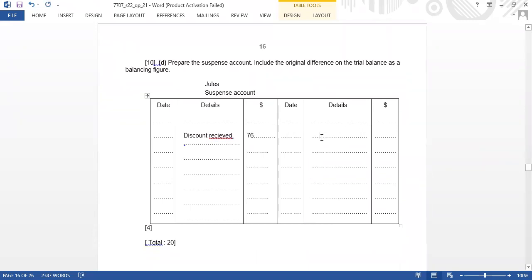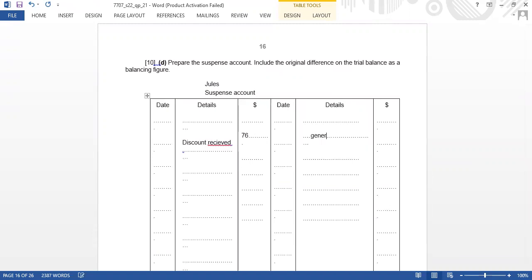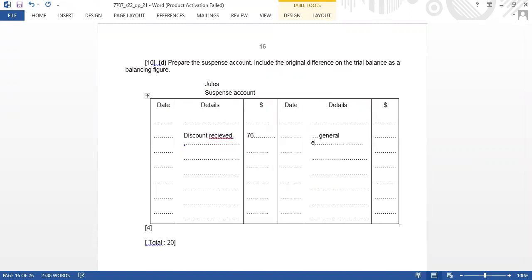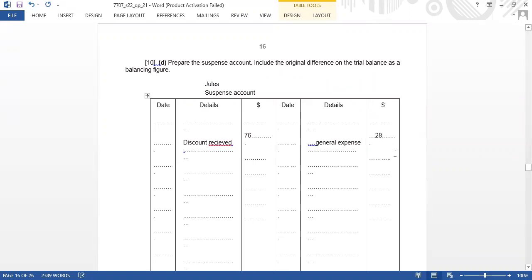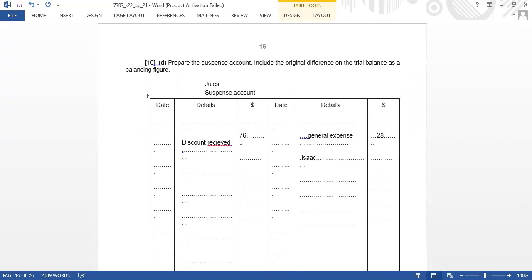Then we have general expenses, that are 28. So we have ISAC as well.